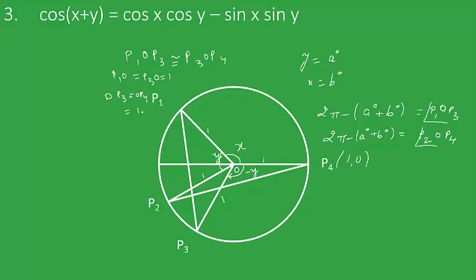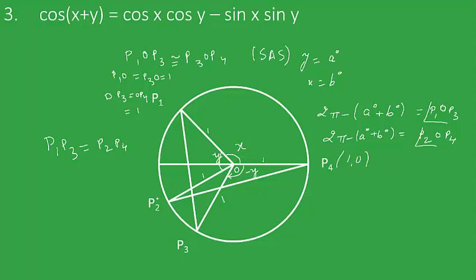Therefore, by the SAS property, that is side angle side, as you may recall, if two sides and the included angle are equal, then the triangles are congruent. Therefore, the sides P1 P3 will be equal to P2 P4.